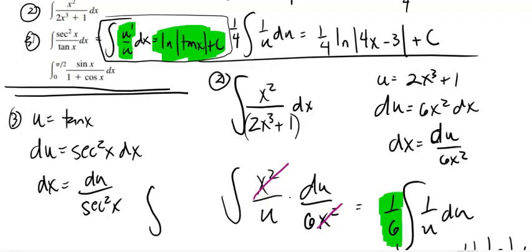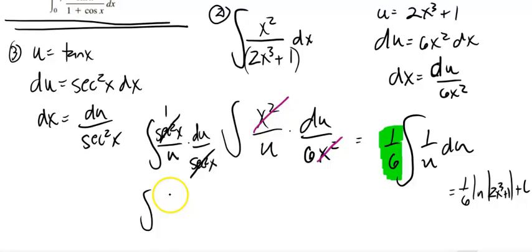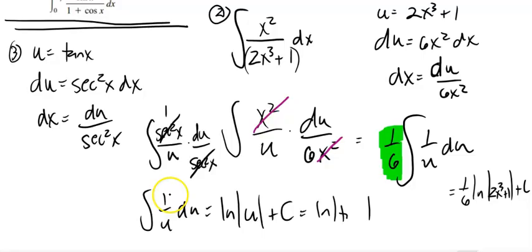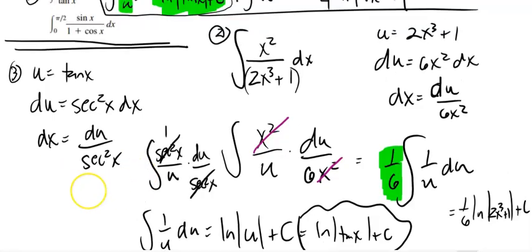So I have secant squared x over u times dx, which is du over secant squared. And now I got my 1 over u, which, when you integrate it, is the natural log of u plus c, which is the natural log of the tangent of x plus c. And yes, it did take me a lot longer to get there, but that method will always work.